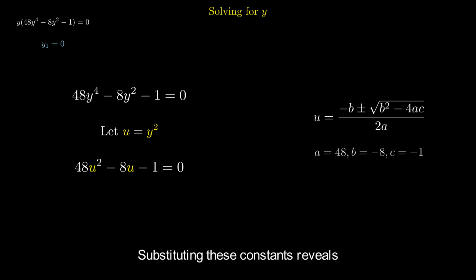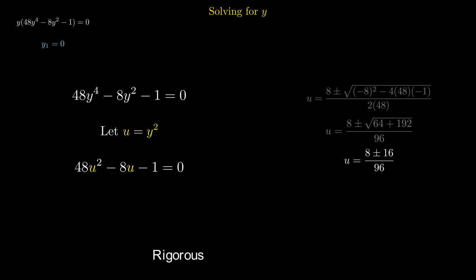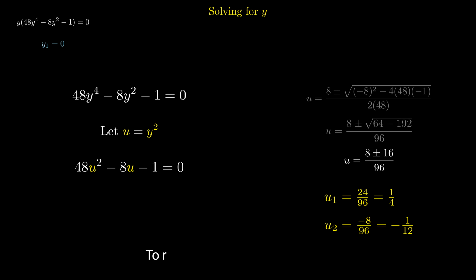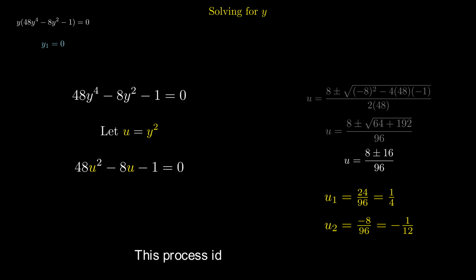Substituting these constants reveals the specific values for our intermediate variable. Rigorous calculation results in two distinct values for our substitute variable. To recover the original variable y, we must extract the square roots of these results. This process identifies two real roots and two purely imaginary solutions.